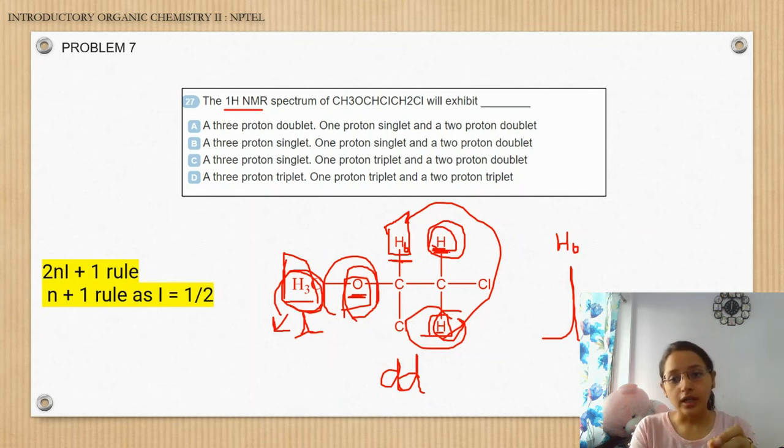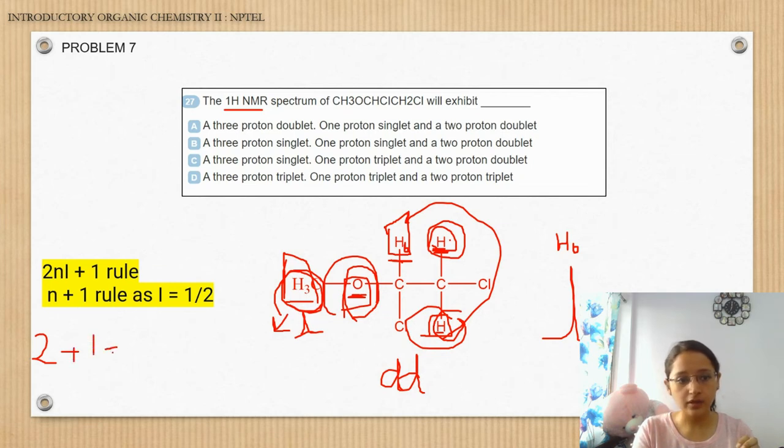As we have discussed, n plus 1 is the rule, where n is the number of hydrogen atoms present in the vicinity. So here the number of hydrogen atoms is 2. So it will show a triplet for this particular species. As these are two hydrogens, plus 1 will get you a 3. Okay, is it clear? Yes, you are getting a 3.